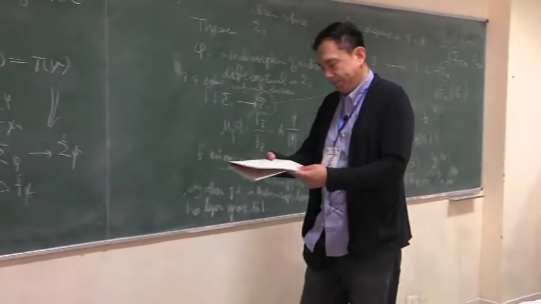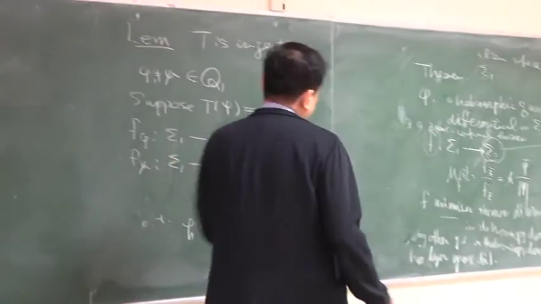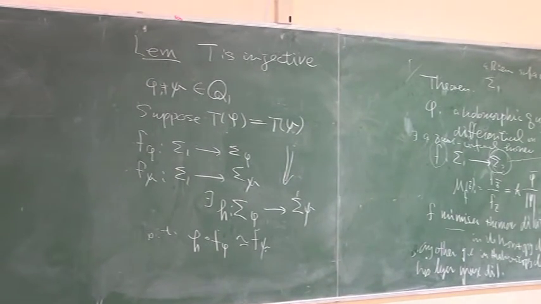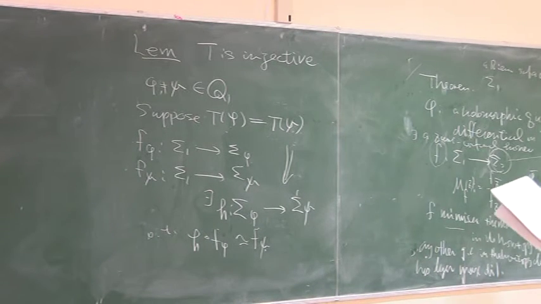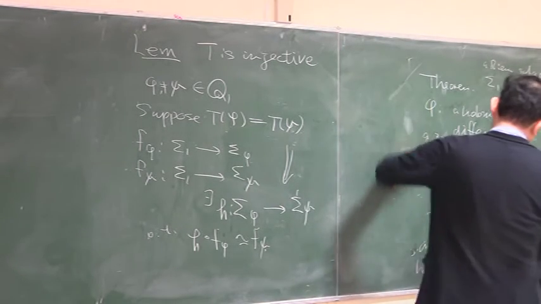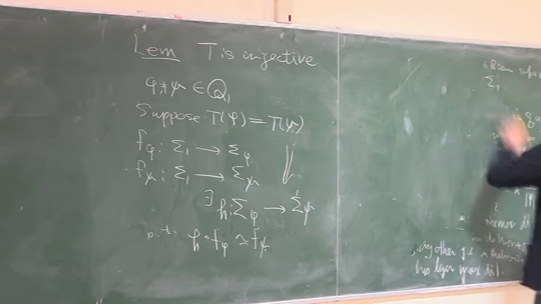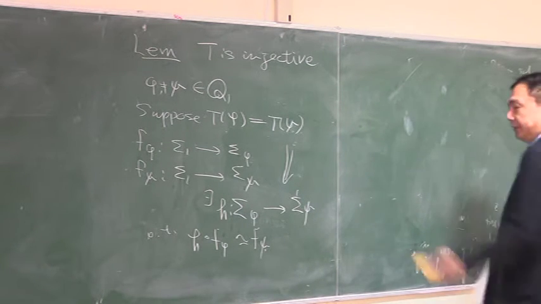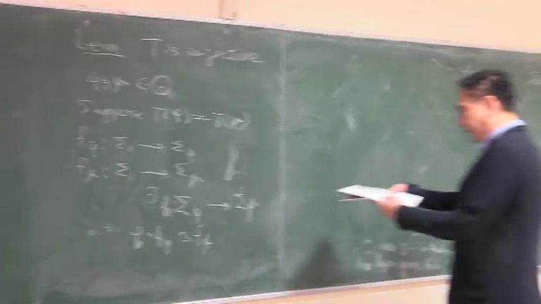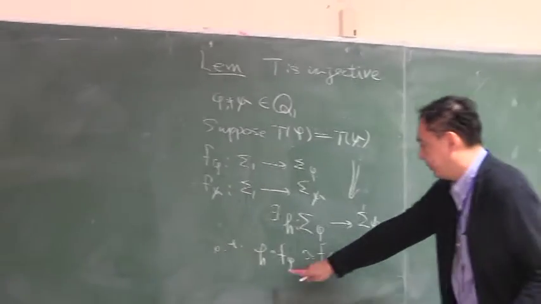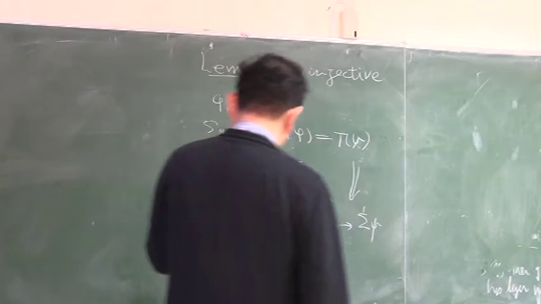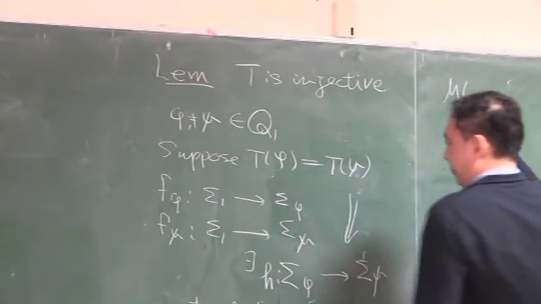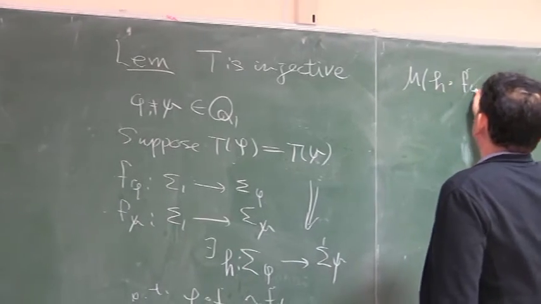Now, we should compare the Beltrami, or complex dilatation, between these two maps. So we consider the Beltrami of this one.